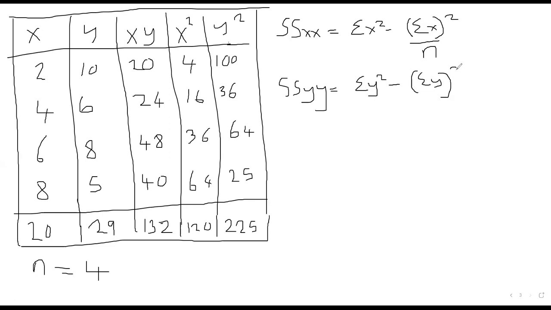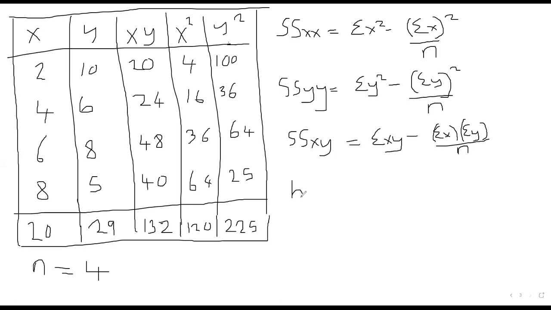Then xy: summation xy minus summation x times summation y over n. I know this man is spoon feeding you. He'll be giving you formulas, but I'd rather you have them at your fingertips. Then what is our b? xy over xx.